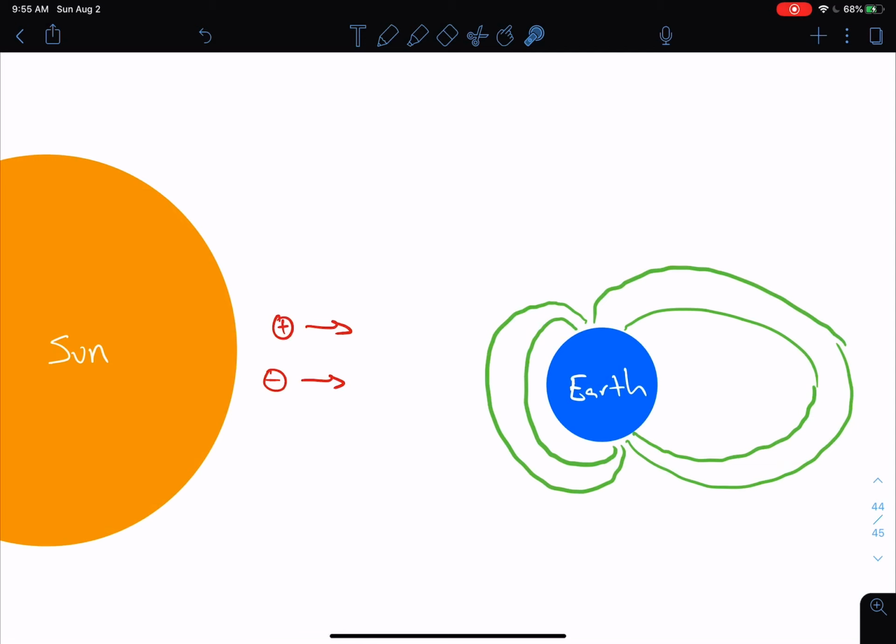Magnetic fields deflect moving charges. So these charges come in and they get deflected by Earth's magnetic field. And so they go past us as a result. And we are not constantly bombarded by the solar wind. We are protected because of Earth's magnetic field.